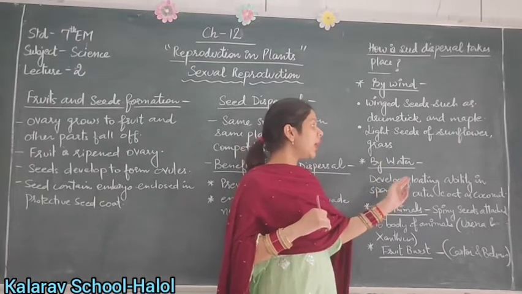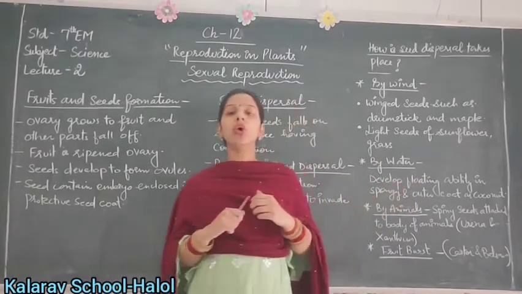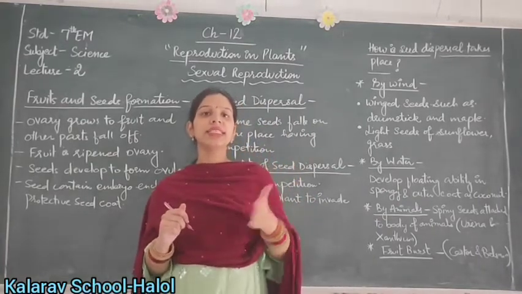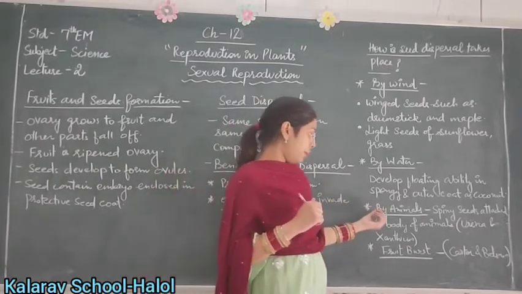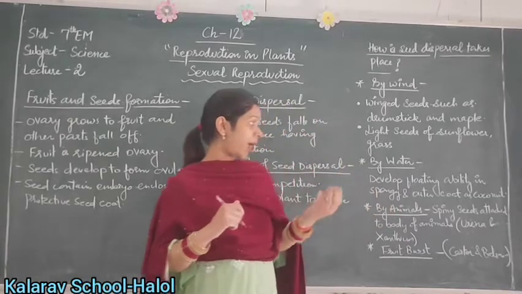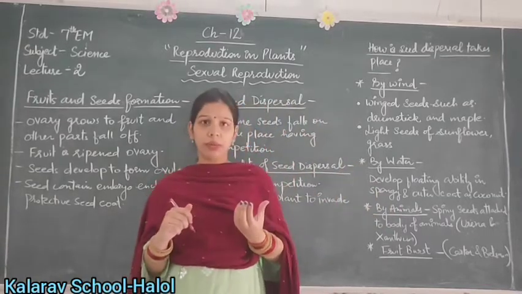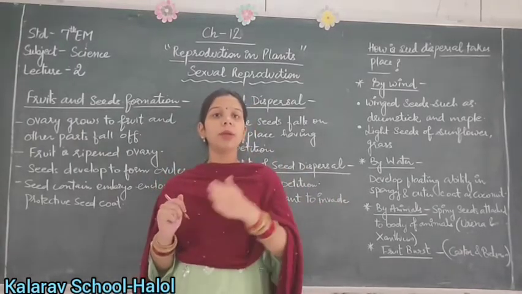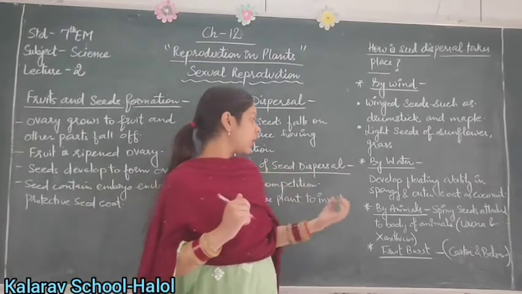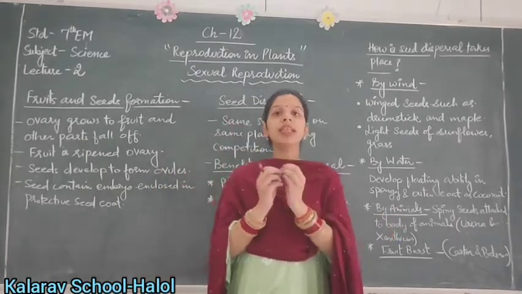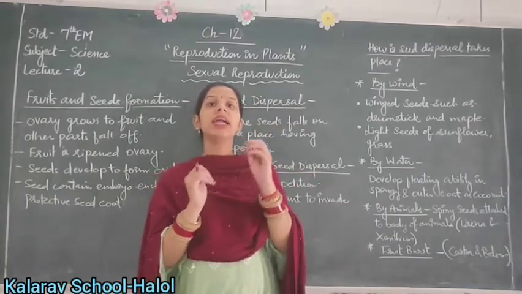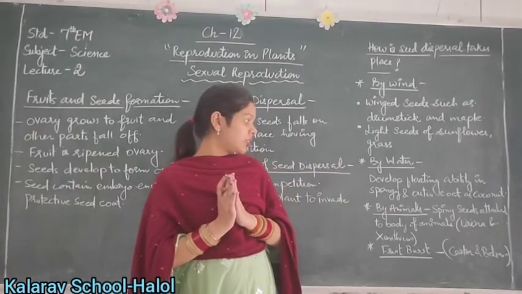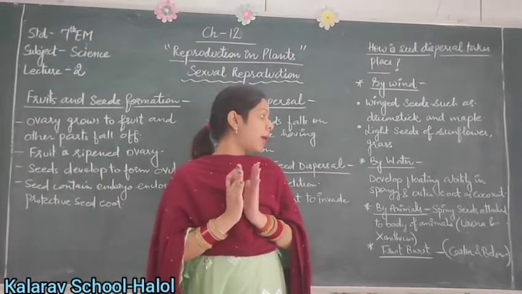Seeds such as coconut have developed floating ability in the spongy outer coat, so their dispersal can be done by water. Number three, by animals. Spiny seeds such as urena and xanthium attach to the body of animals and are carried from one place to another. Next is fruit burst. When juicy fruits burst, their seeds are dispersed from one place to another. For example, castor and balsam.